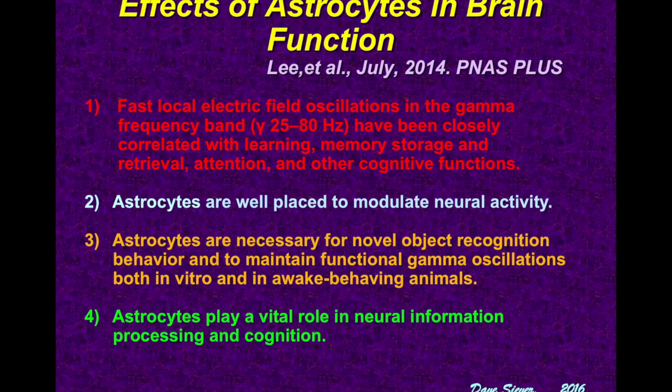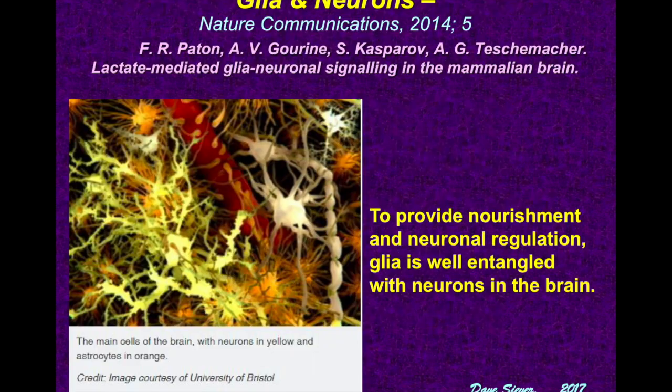Without the astrocytes, we cannot recognize novel objects that we maybe have not seen before. In the past, we thought it was strictly the neurons that had to do with recognizing novel objects or other novel information. Now it's realized that the astrocytes are necessary or it doesn't happen. So they play a vital role in neural information processing and cognition.